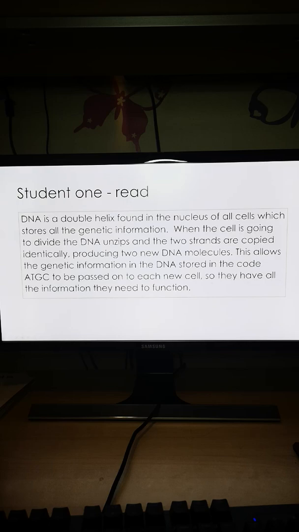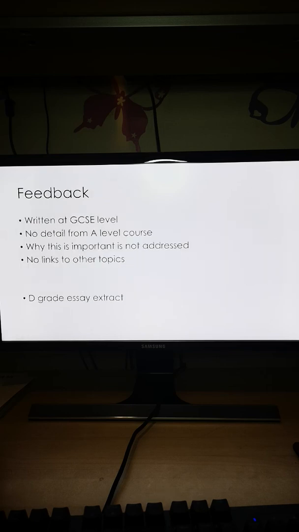So it's beyond vague. So they've not addressed the title, the importance of this DNA acting as an information transfer molecule in this case. And they've also not linked to any other topics. So it's basically a grade D extract.